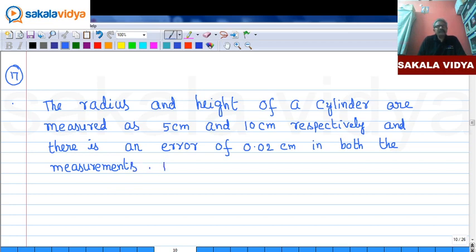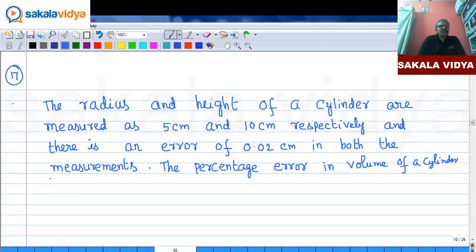The percentage error in volume, that means in volume of a cylinder, is: first option 1, second option 0.01, third option 0.001, fourth option -1. This is the question.